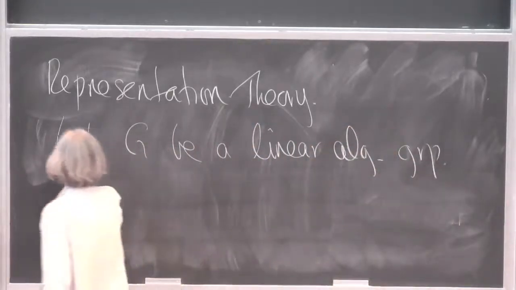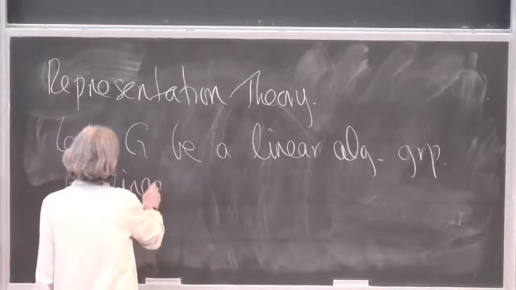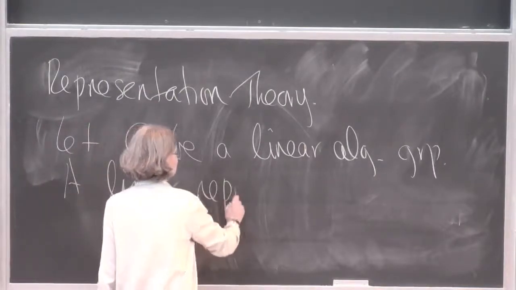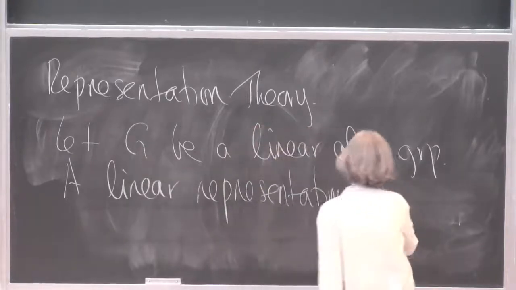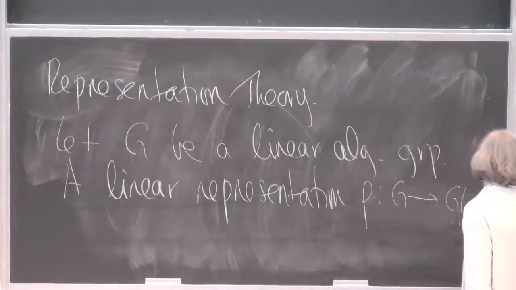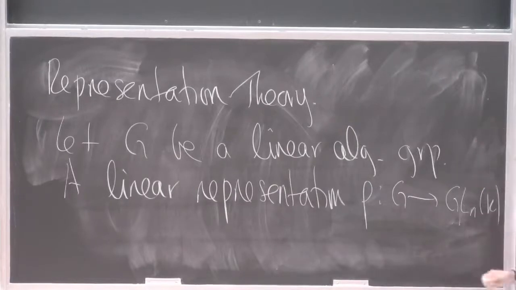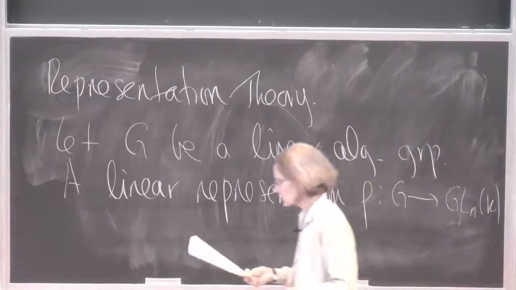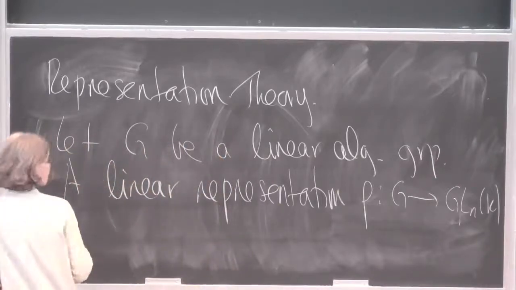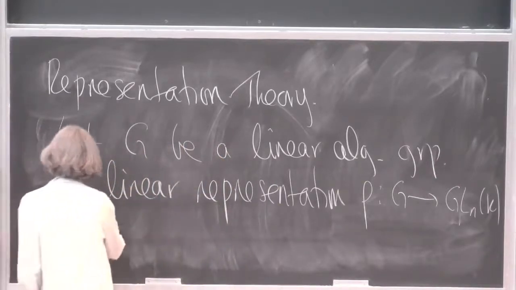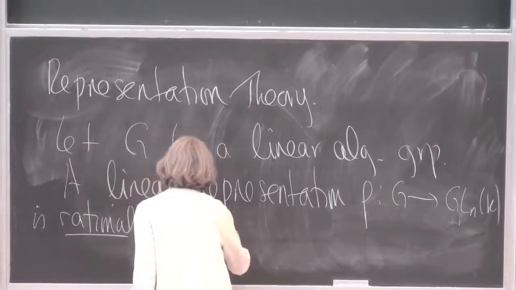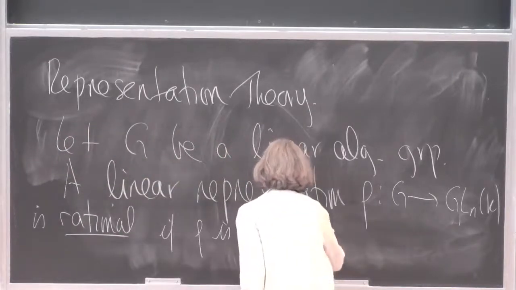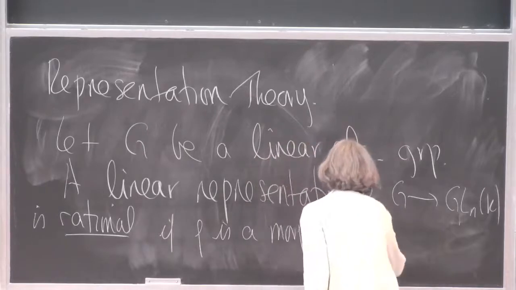Then a linear representation rho of G in K, so some finite dimensional representation, is said to be a rational representation if rho is a morphism of varieties.